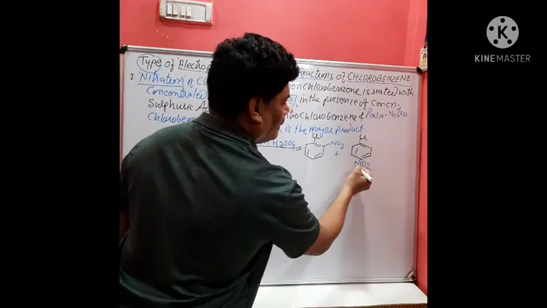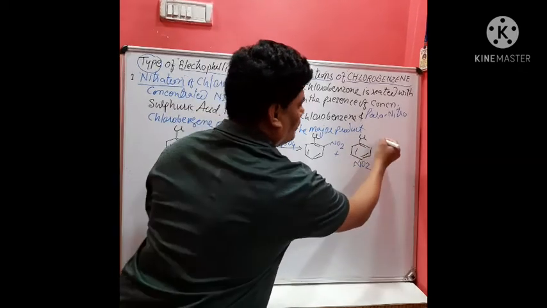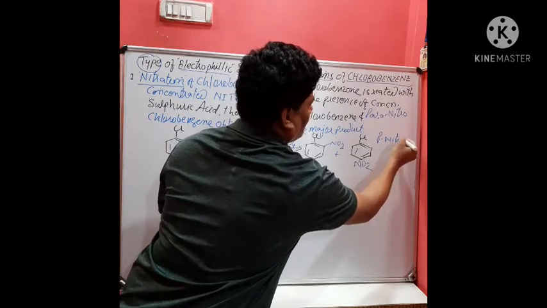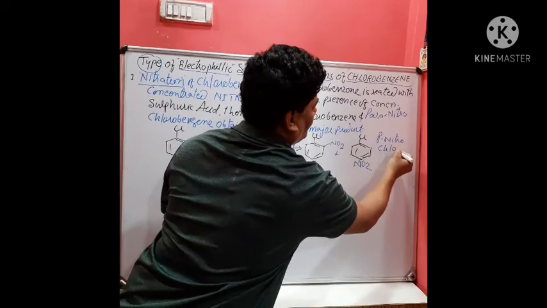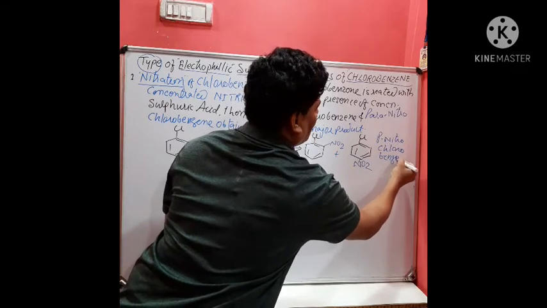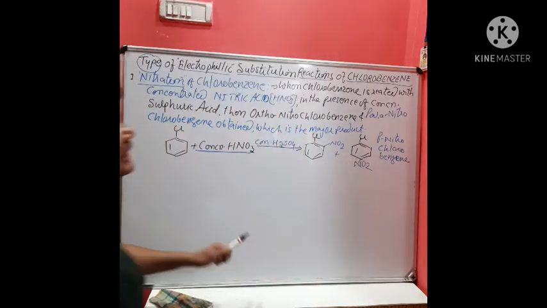This is called para nitrochlorobenzene. You can write the name para nitrochlorobenzene, because the more times you write the name, the better it is for understanding.